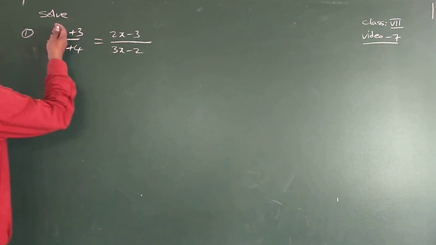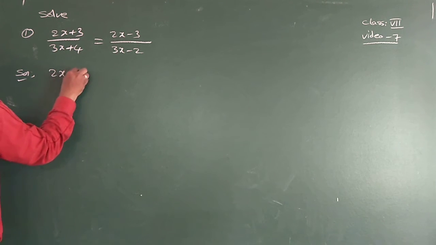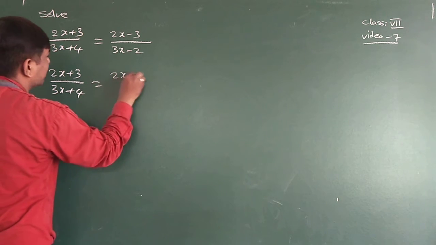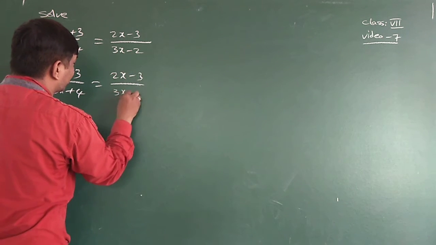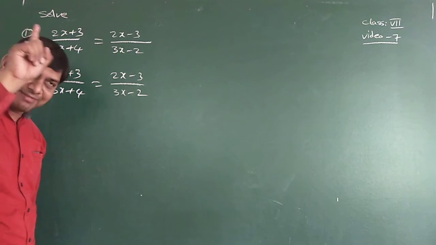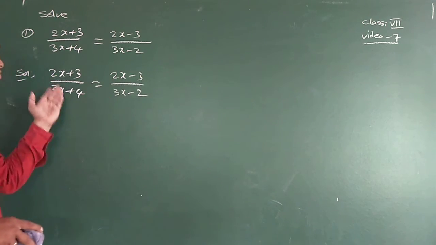Now first of all, the given equation is 2x plus 3 by 3x plus 4 is equal to 2x minus 3 by 3x minus 2. Everyone might get a doubt here: is there more than one variable? Only one variable I used, but that one variable I used 1, 2, 3, 4 times.